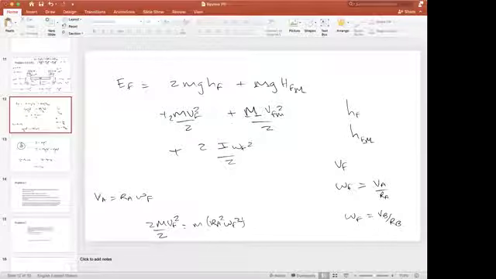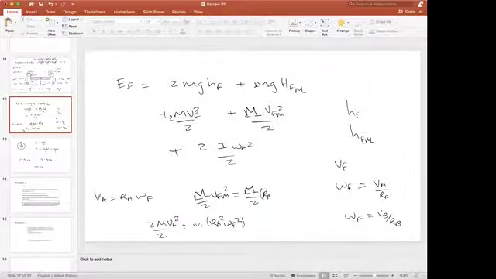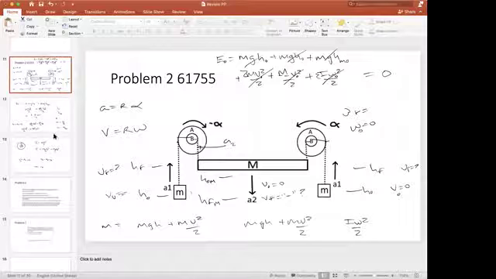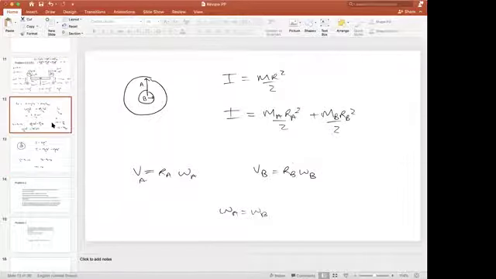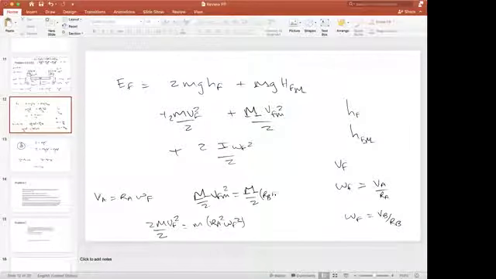And for the big guy, it's big M over 2, V final of M squared is equal to big M over R. Was A in the center? No, A was on the outside. RB omega final squared.